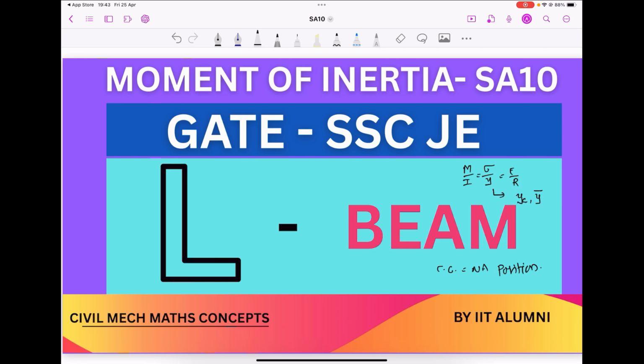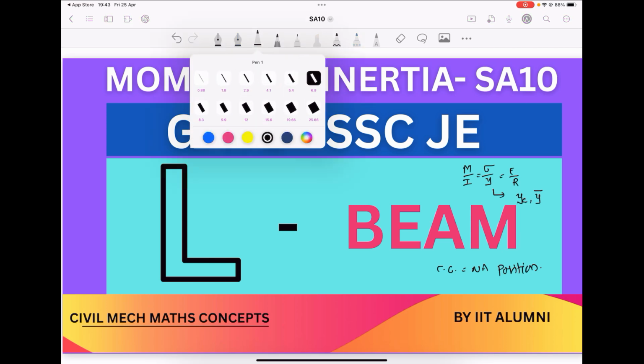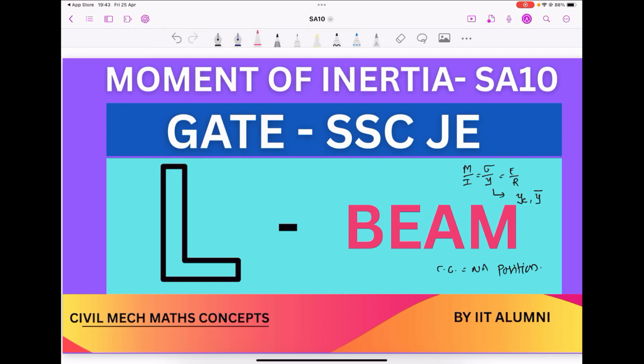M is the bending moment, which we can find from the loads applied on the beam, and I is the critical value to be found, that is moment of inertia or second moment of area.